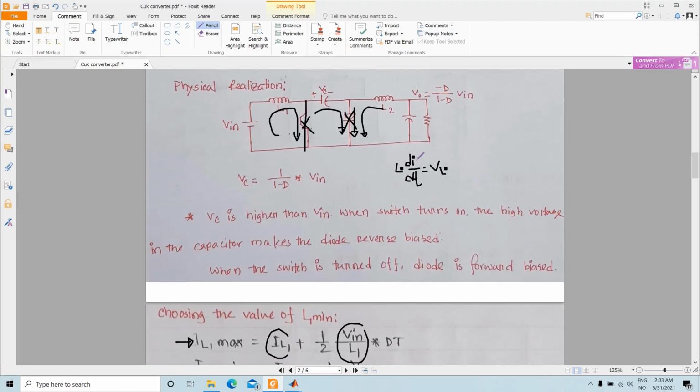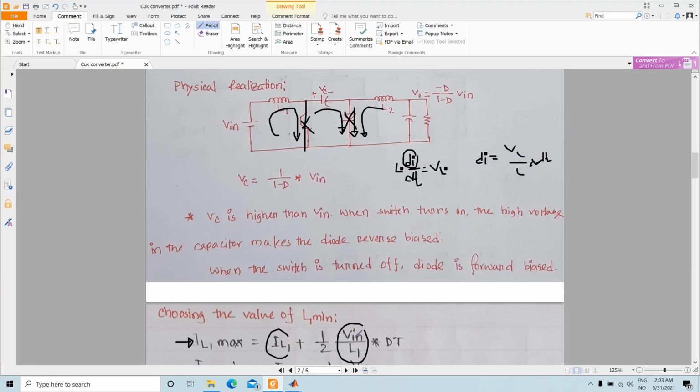So from here you can get the di part. So di can be written as VL divided by L multiplied by dt, like this. So this VL is the same as V in during this time.